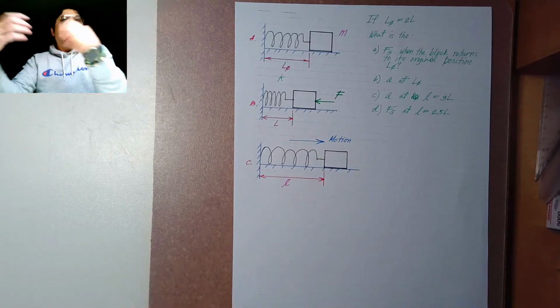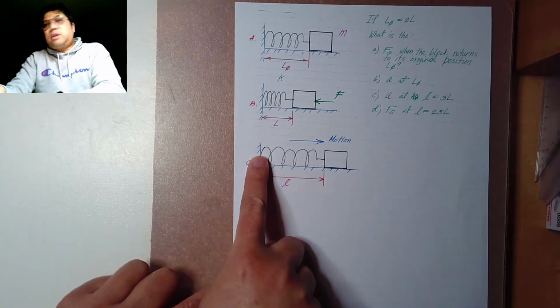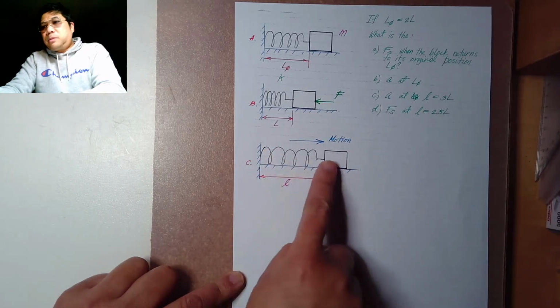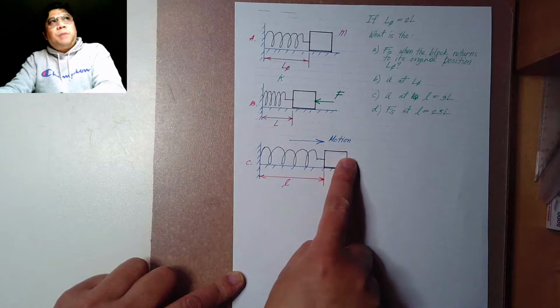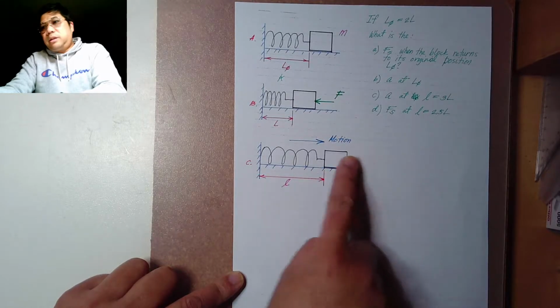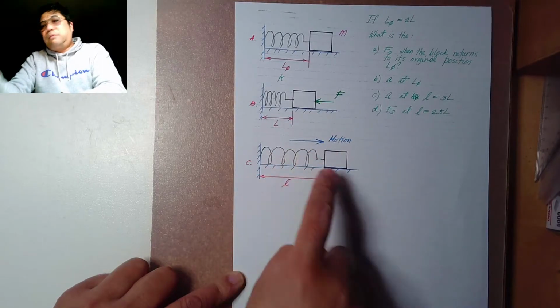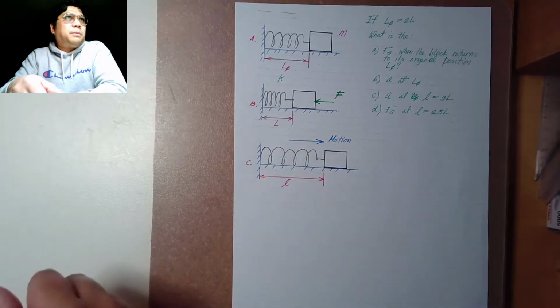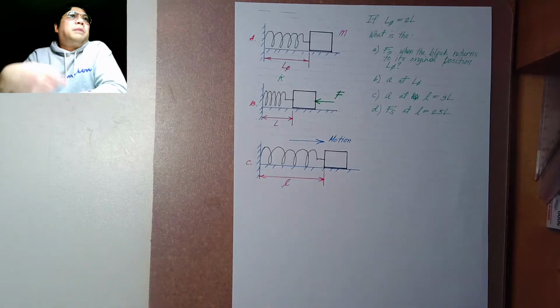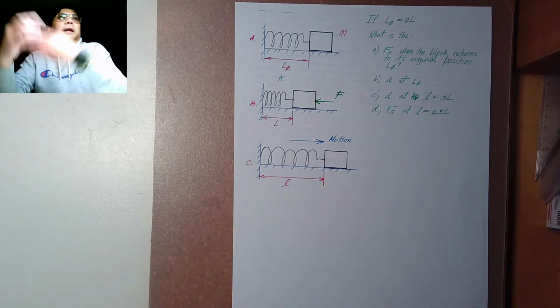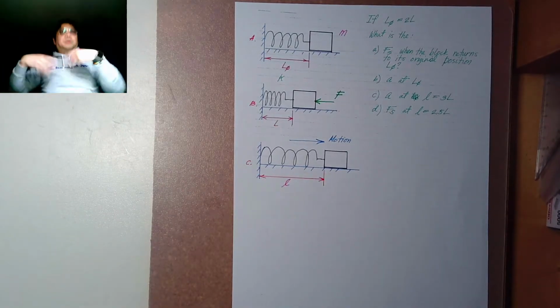Because of the inherent property of a spring, from there it will pull the block backwards to its original form.